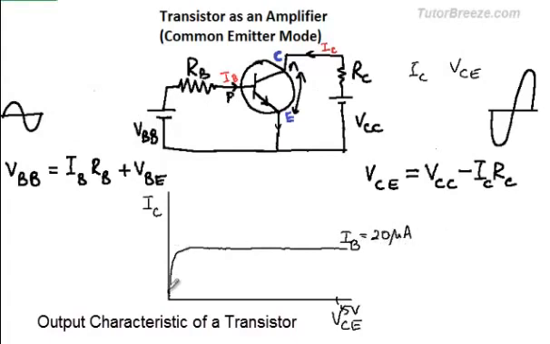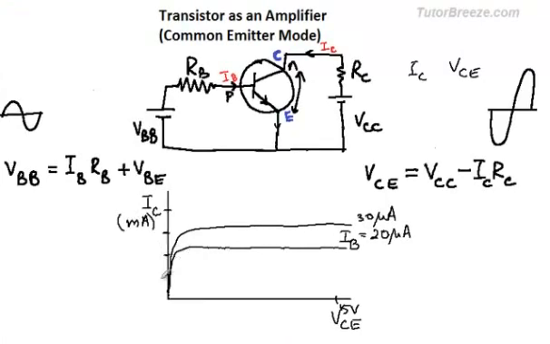So I get another curve which looks similar, but you get a higher value of the collector current, and you know that the collector current is going to be in milliamperes.